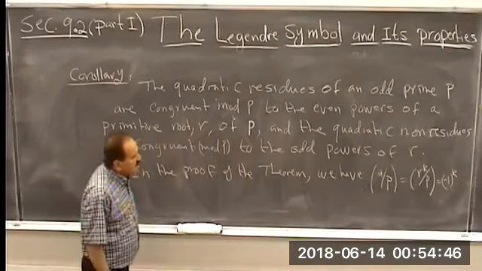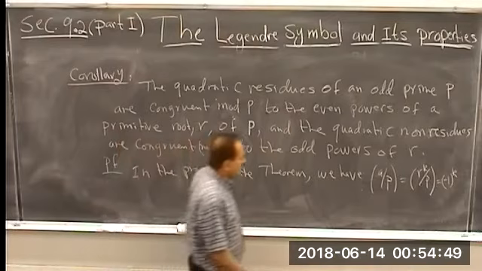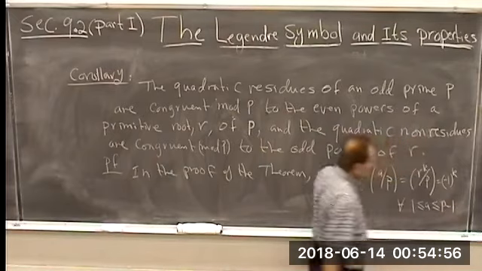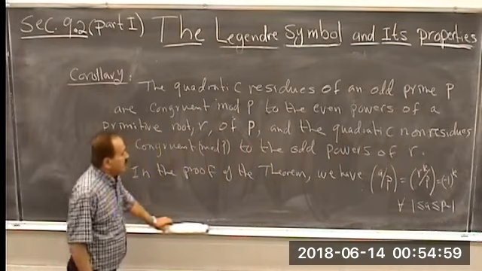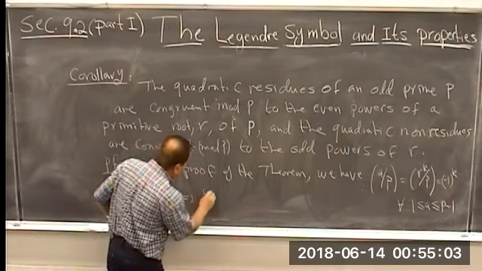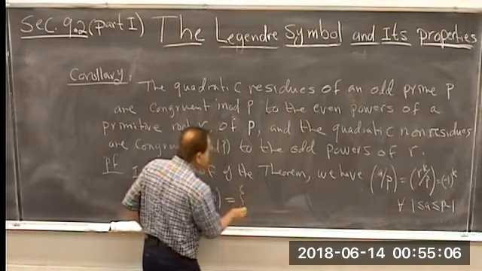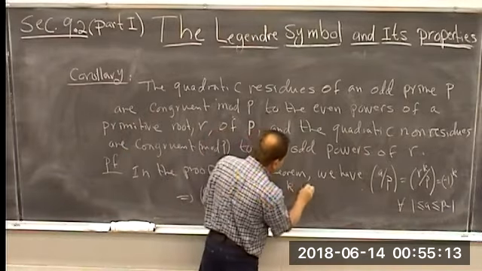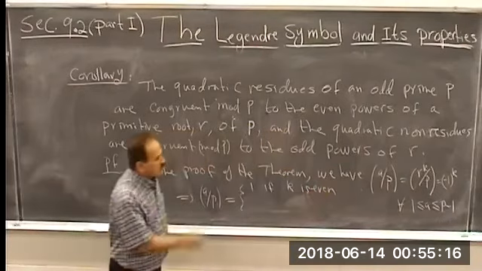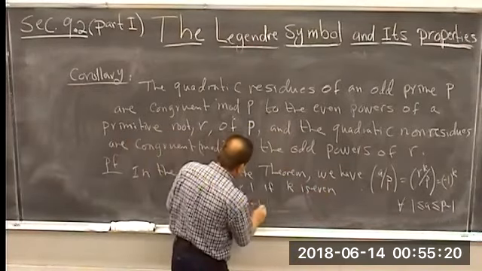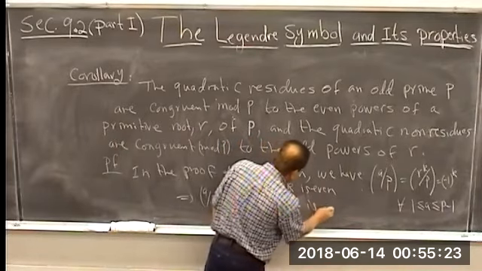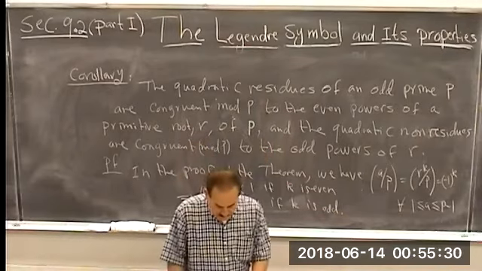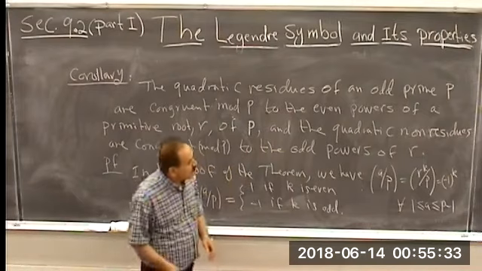The Legendre symbol, this is true for any A. And this implies that A over P is going to equal 1 if K is even, so the exponent of R is going to be even, and it's going to be negative 1 if K is odd. All right.